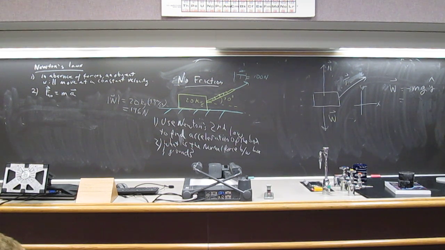So in this case, that would be negative 196 newtons in the y hat direction. And that's your mass times gravity. You follow this? You got it?